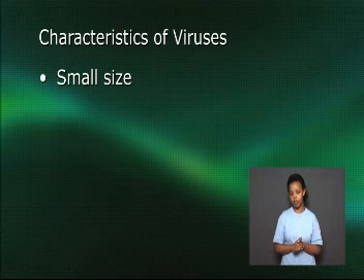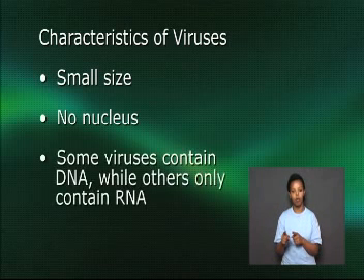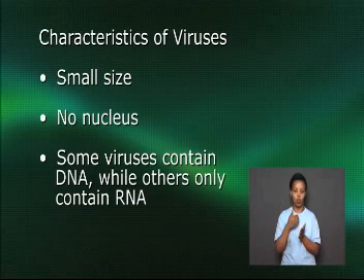The second characteristic is that viruses do not have a nucleus. The third characteristic is that only some viruses contain a small amount of DNA, while others only contain RNA, but no chromosomes.